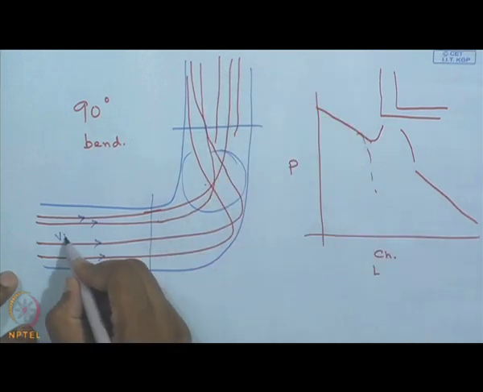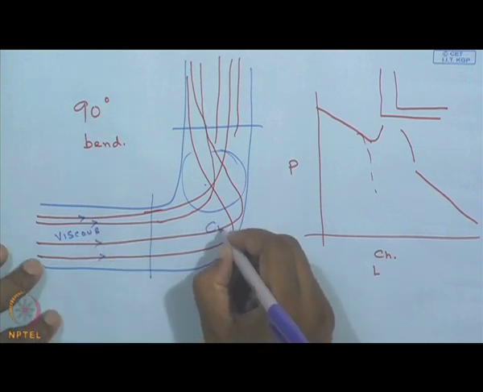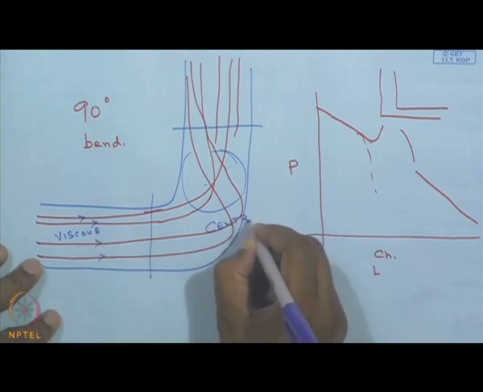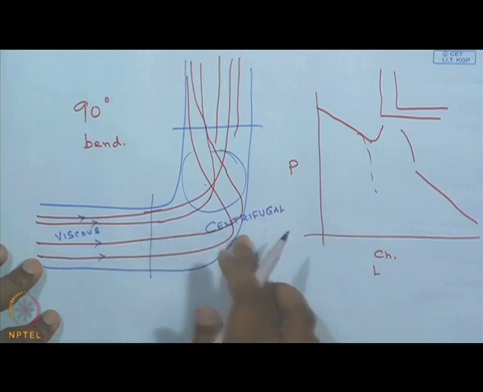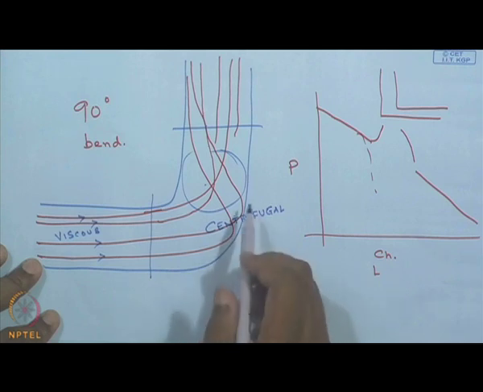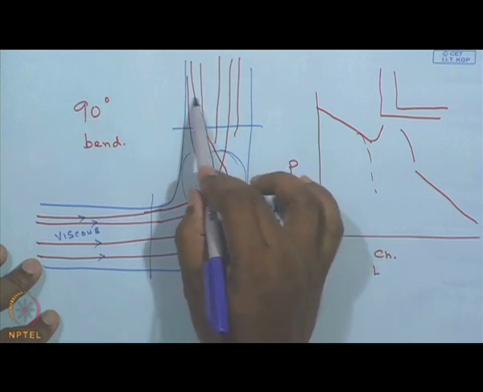So here is the case where viscous forces are important, and in this case the centrifugal forces would try to push the liquid towards this side, and the viscous forces will oppose the centrifugal force and try to bring order over here.